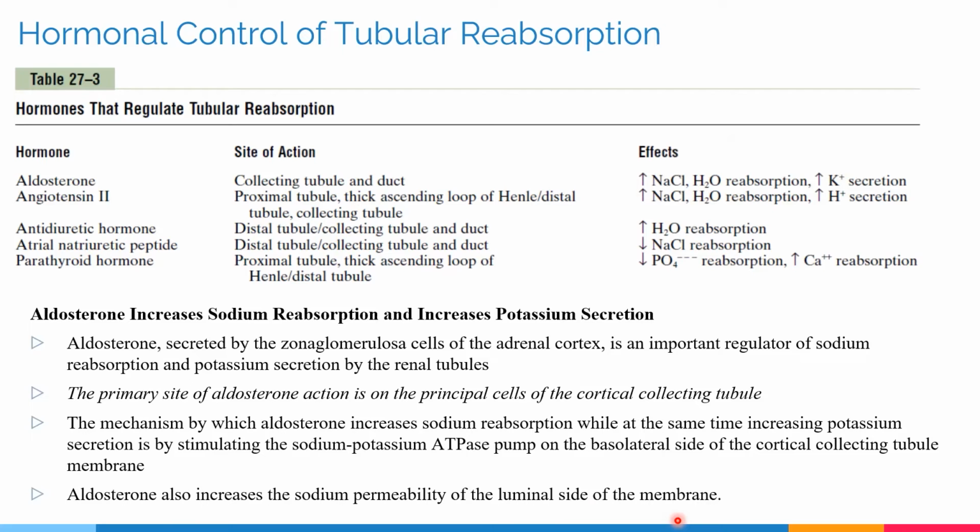So aldosterone acts on both of these characteristics. First, by stimulating the sodium potassium ATPase pump, which allows more pumping of sodium from the cells to the interstitium, and also increasing the sodium permeability on the luminal side, which allows more and more entry of sodium from the renal tubules into the tubular epithelial cells.